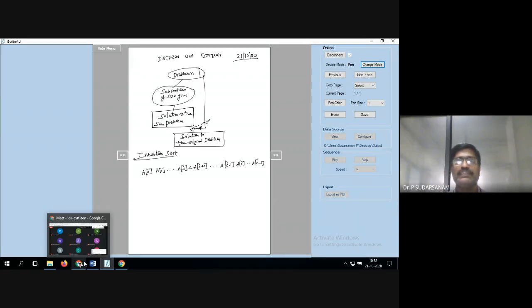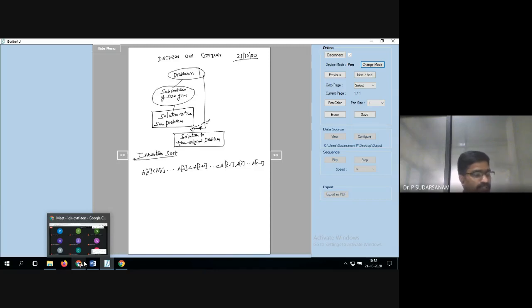Suppose you are having the elements A of 0, A of 1, A of j plus 1, all these things, let me say less than. So you have A of j up to here less than or equal. So next you have the elements, comma A of j minus 1. Now A of i values I want to sort out. That is the sub-problem.